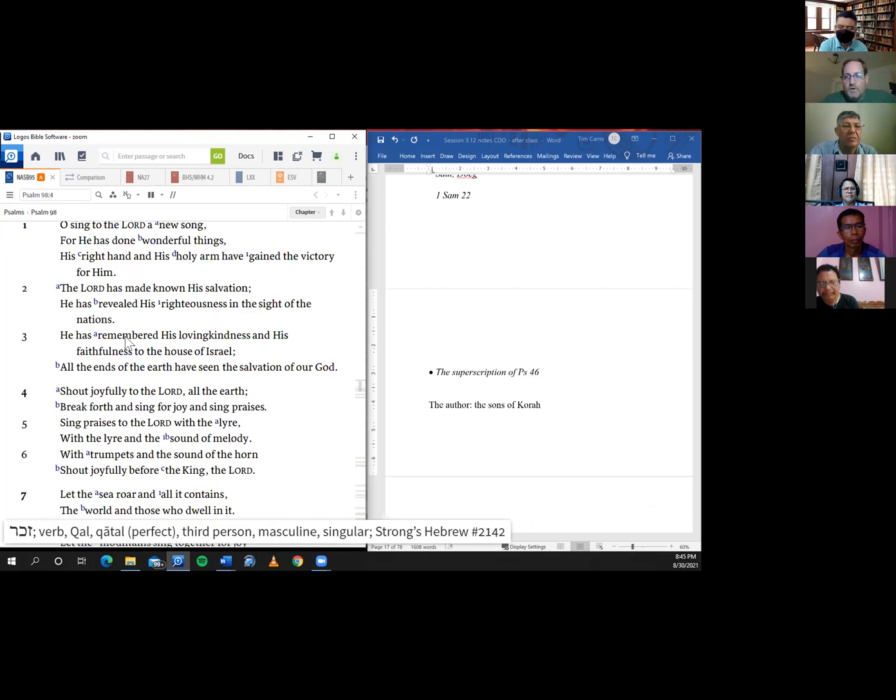So if you do your homework, and sometimes there will be other passages that can indicate a connection with the particular psalm you're studying. Sometimes the title will give you that information. Sometimes the content of the psalm will tell you the situation that is going on.